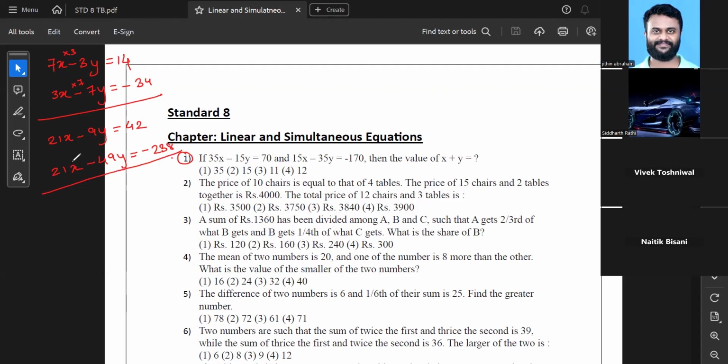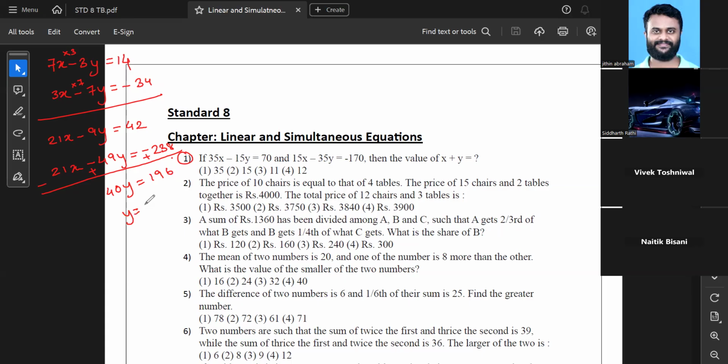Now what you have to do is basically cancel them. When you cancel them, that is, subtract them, the sign changes everywhere. This gets cancelled, and 49 minus 9 gives you 40y. 238 minus 42 gives you 196.